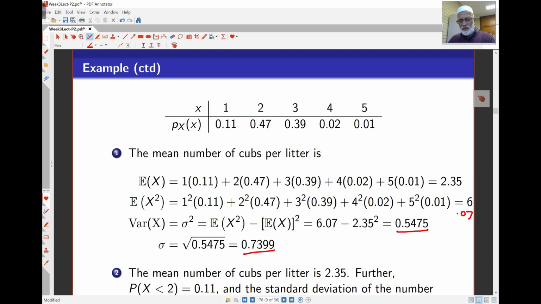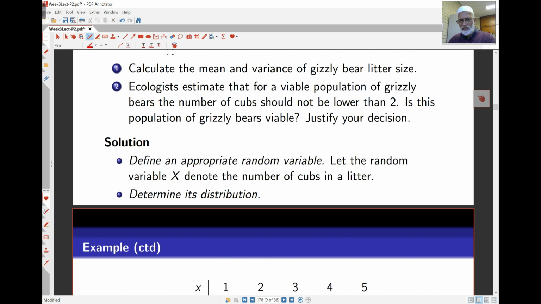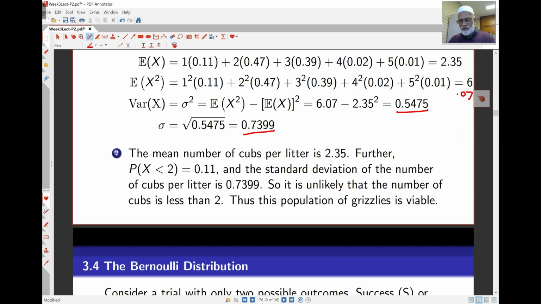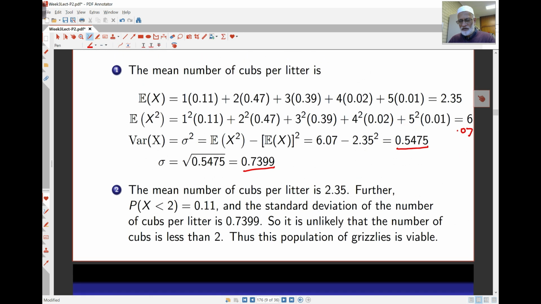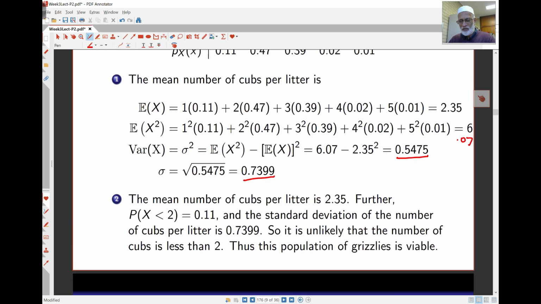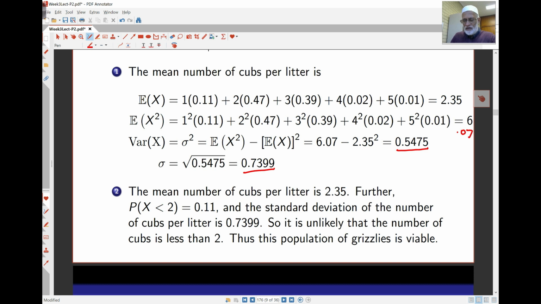Now, the question further asked is, what we were told is that the number of cubs should not be lower than 2, otherwise the population is not viable. So in this case, the probability of getting less than 2 cubs is 0.11, and the mean number of cubs is 2.35, and the standard deviation is 0.739.